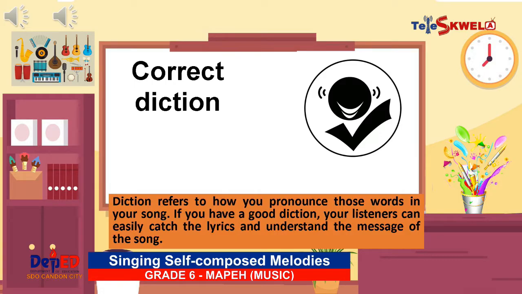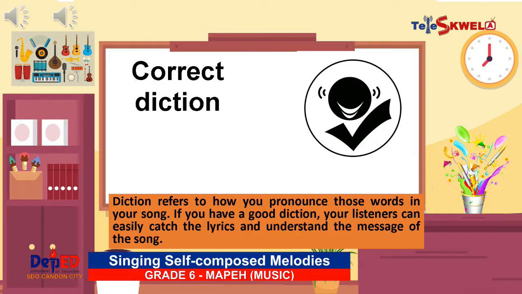A good diction produces a clear and smooth sound of the words. Being one of the basic components in singing, a good diction can be acquired in several ways, such as constant practice of reading orally and studying the correct pronunciation of vowels and consonants.